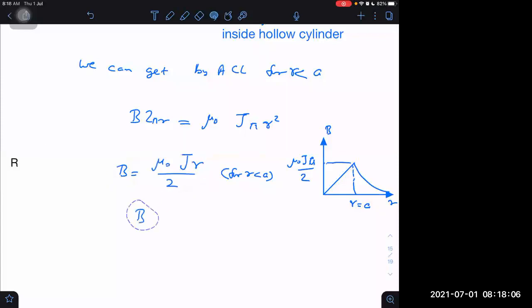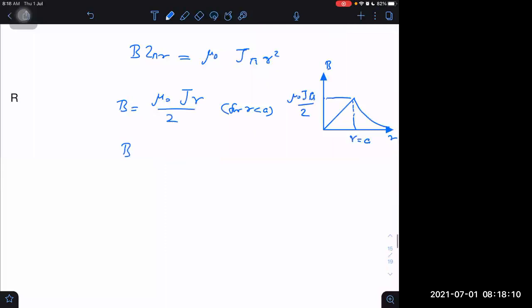Now you tell. What is the energy density? Energy stored inside the solid cylindrical part is B square by 2 mu naught.